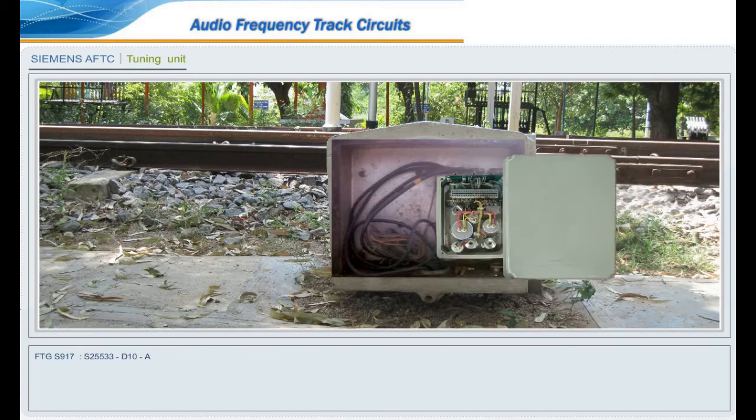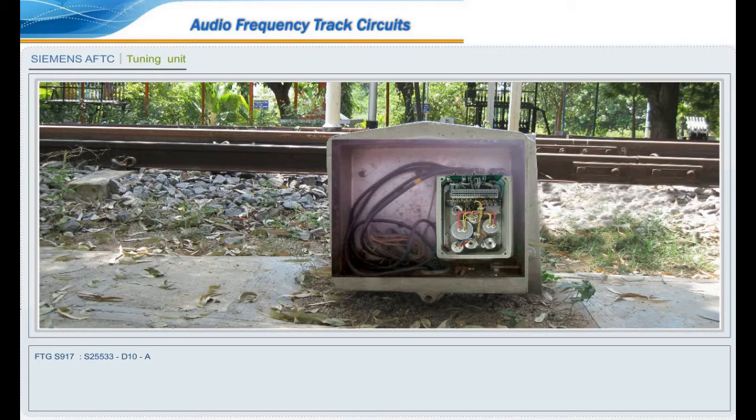FTG S917 S25533 D1 0A, FTG S46 S25533 D1 3A, FTG S46 S25533 D1 4A for center feed track with equipotential bonding.